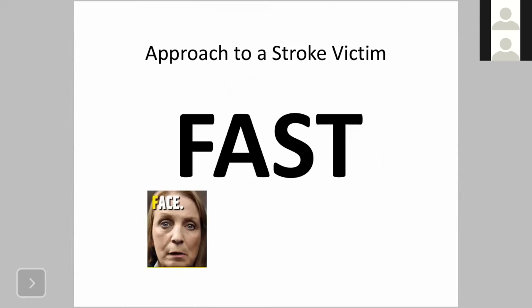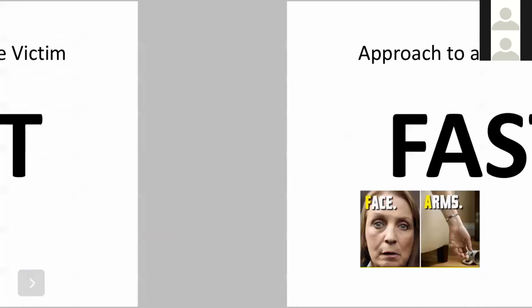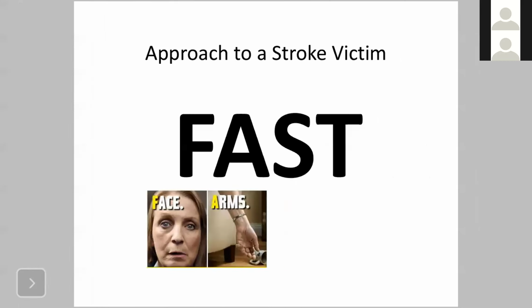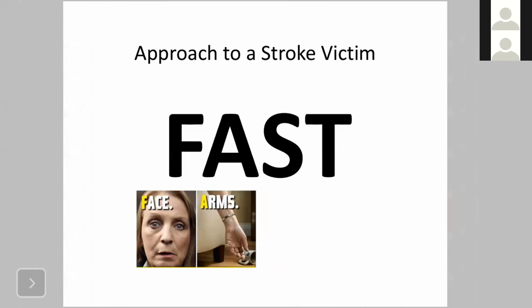Any abnormality that occurs acutely in the face should be considered as stroke unless proved otherwise. A is for arm or any limb. It must be any limb, an arm or a leg, that gets weak suddenly and acutely. It may also be a sign of a stroke.